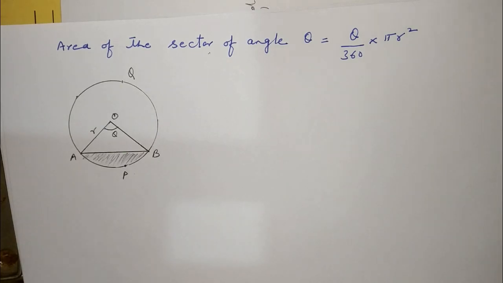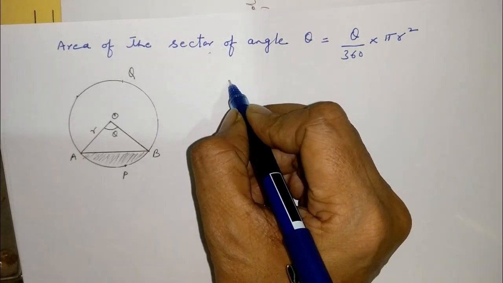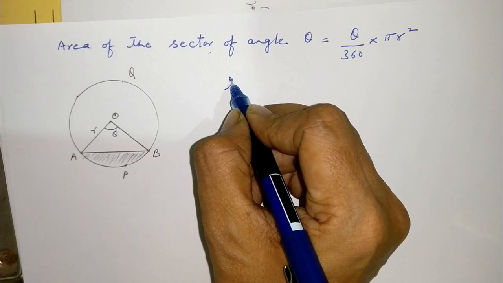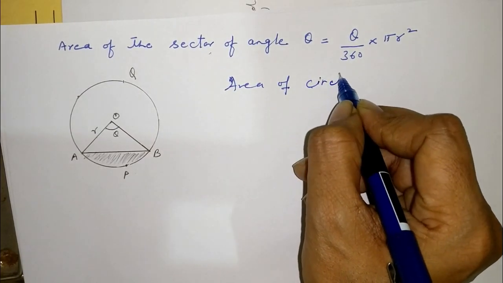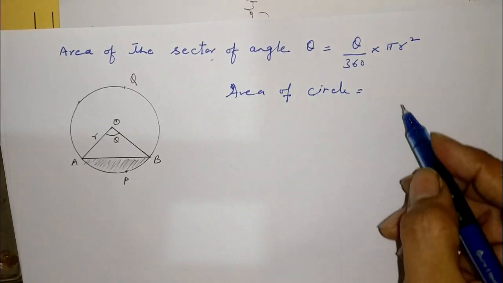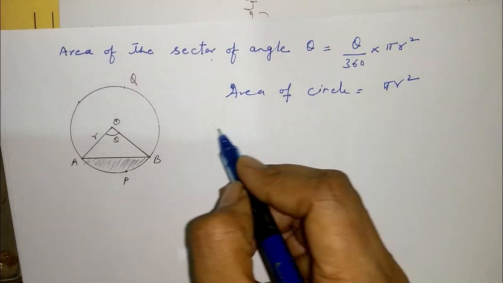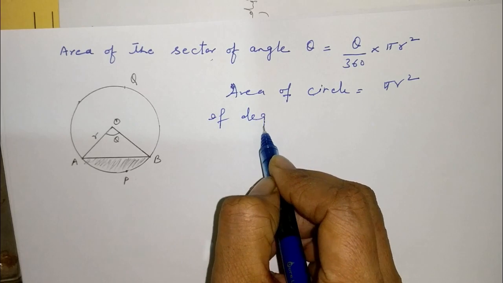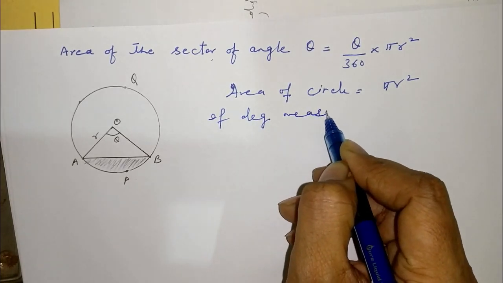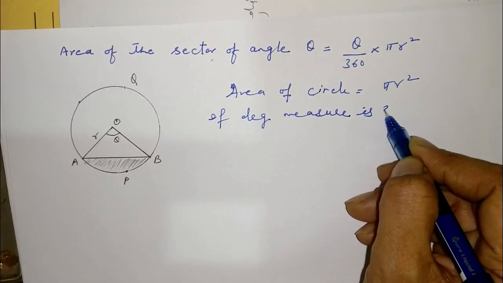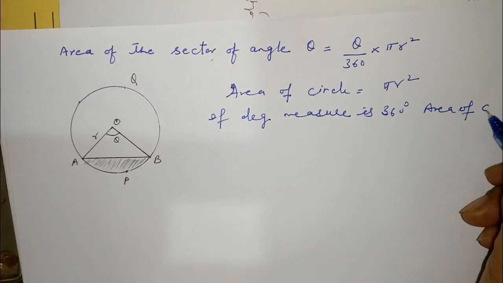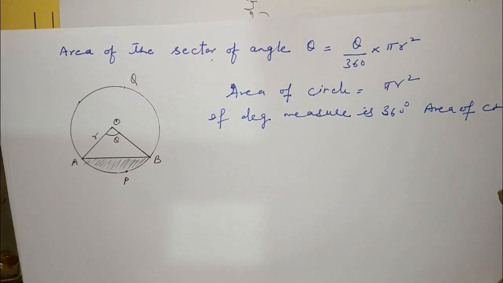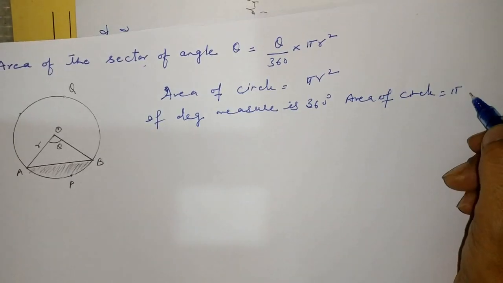The same way we'll go. The area of a circle is pi r square, and if the degree measure is 360, then the area of the circle is pi r square.